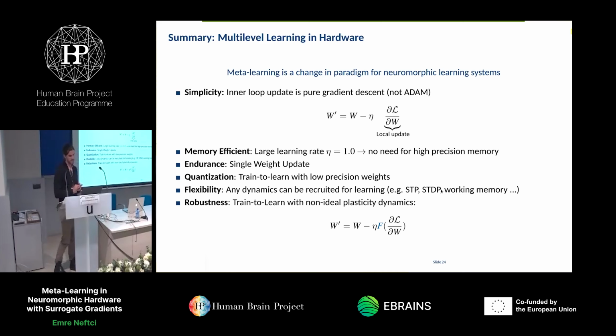And robustness: even if your plasticity rule is not exactly what you need with respect to the algorithms, you can mitigate this by learning parameters that would fix to some extent the non-idealities of your rule. So there are a lot of interesting points here from an engineering point of view, but also from a neuroscience point of view. How much plasticity does the brain actually need in order to learn a task, given that I've started with some prior knowledge? This gives you a framework to answer that question.